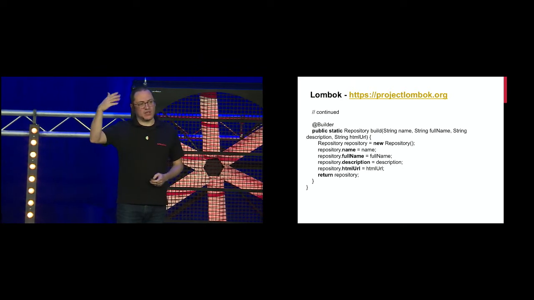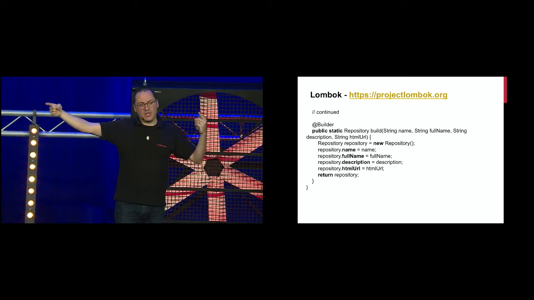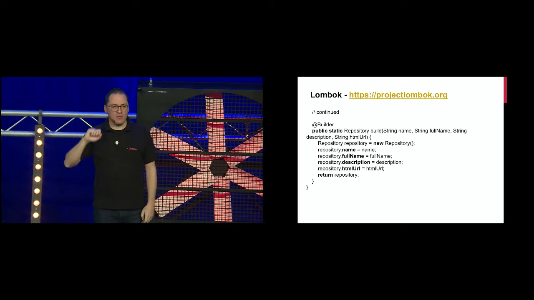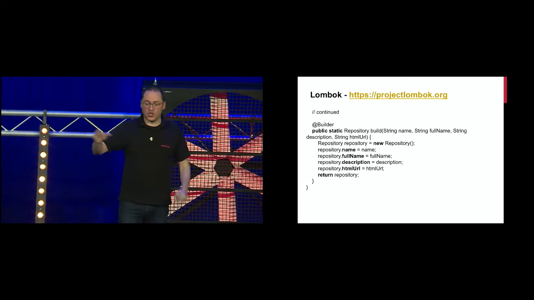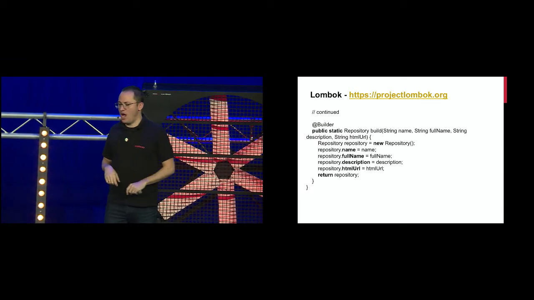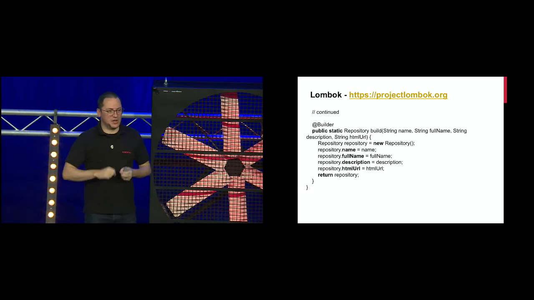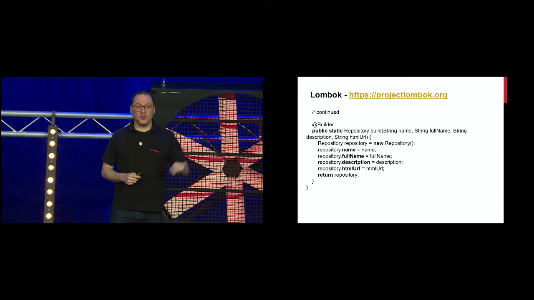Following the conventions of the getters and setters, you will have in this particular class a with name if you give it a prefix to the name of the method, or in this case just name(), fullName(), description() and html(). These are the methods that you're going to use to create a new instance. And the last thing you do is .build(), and boom, now you get an instance.